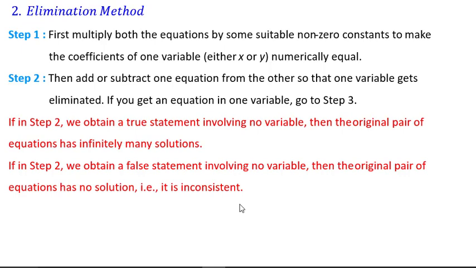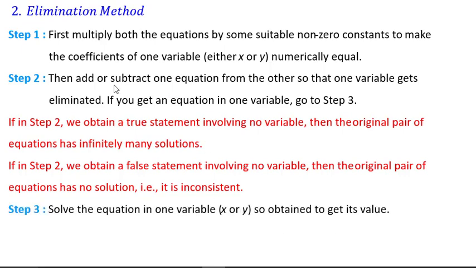So as we have seen in the substitution method, if we are getting an equation in which the left hand side and right hand side are both equal, there is no variable, then in that case we will say that we have infinitely many solutions, that is, the system is consistent and has infinitely many solutions. But if we get the left hand side and right hand side as different values, and there is no variable, then in that case we will say that there is no solution or the equations are inconsistent.